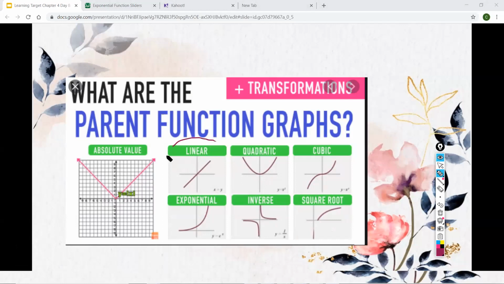So we've learned the linear parent function looks like that. Quadratic parent function looks like this. Exponential parent function looks like this. So those are the 3 that we've studied so far, and that's what we compare those to.